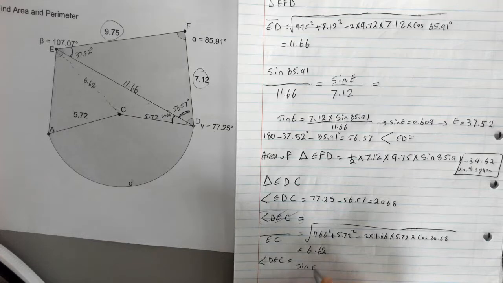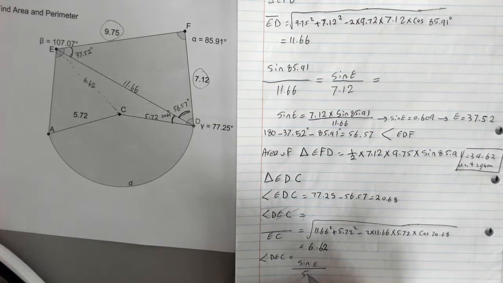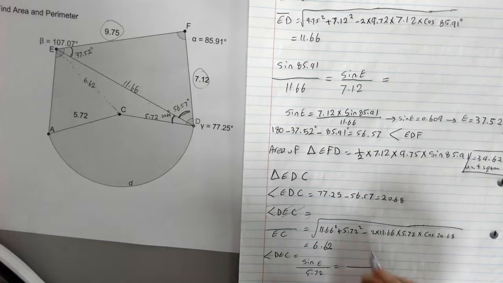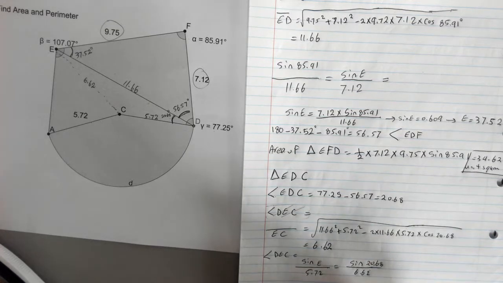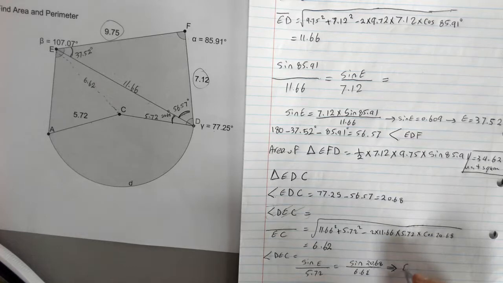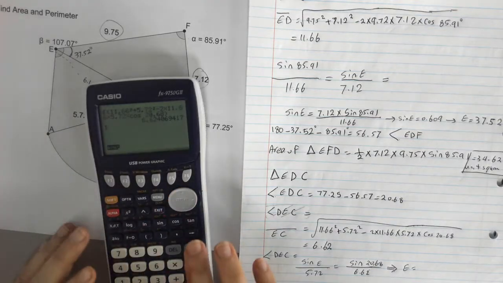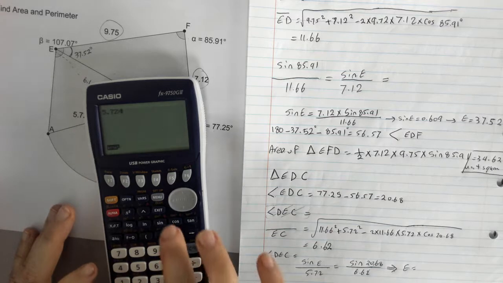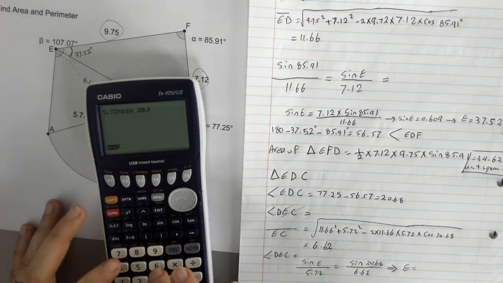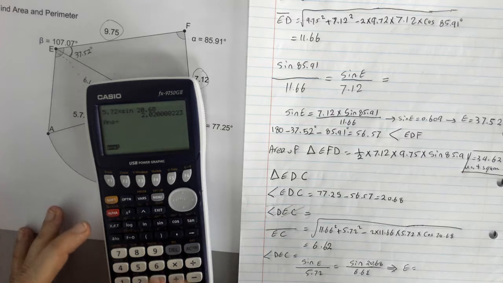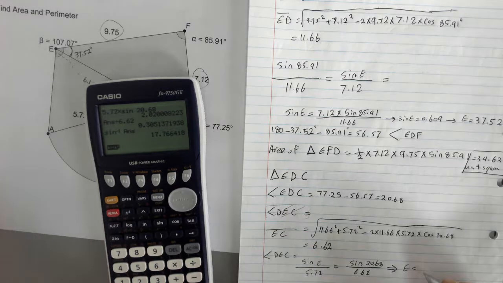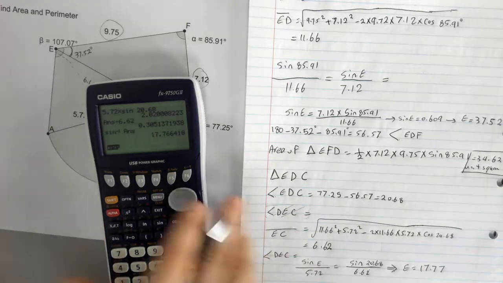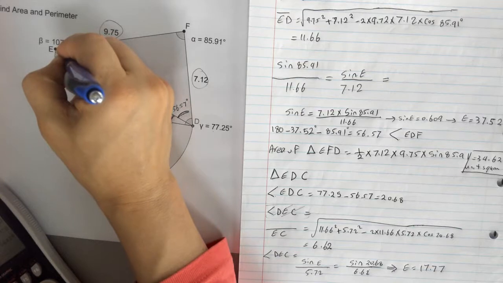So I will have sine E over 5.72 equals sine 20.68 over 6.62. I'm just going to use the calculator straight away to solve it: 5.72 times sine 20.68 divided by 6.62, and then I would do sine inverse to the answer, and that will give me 17.77. So this little angle here is 17.77.